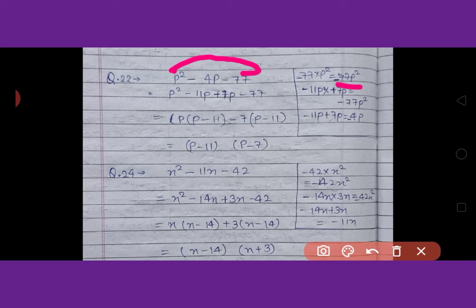So we have to find a number whose subtraction will be 4p and whose multiplication will be 77p square. How do I know that we have to subtract? Because the first and third term multiplication is coming negative, so the numbers will be one plus and one minus, meaning we have to do the subtraction to get the middle term.